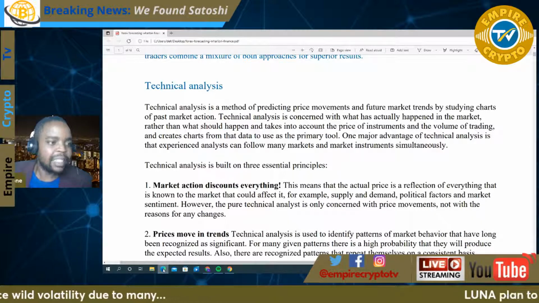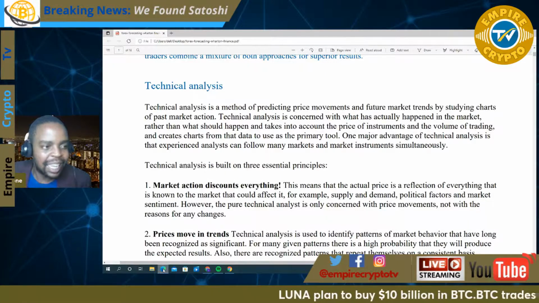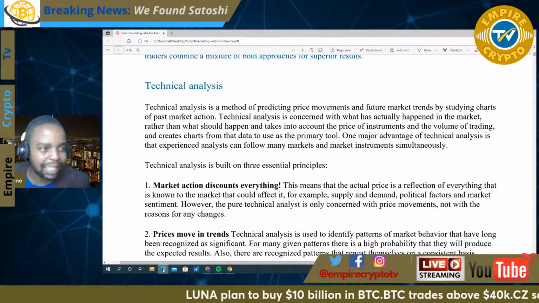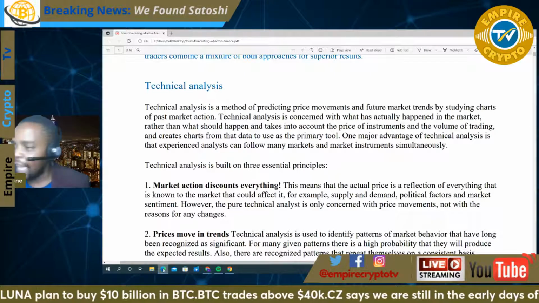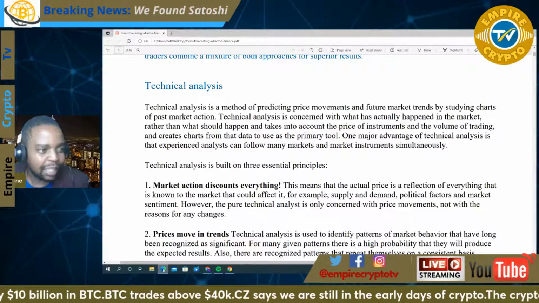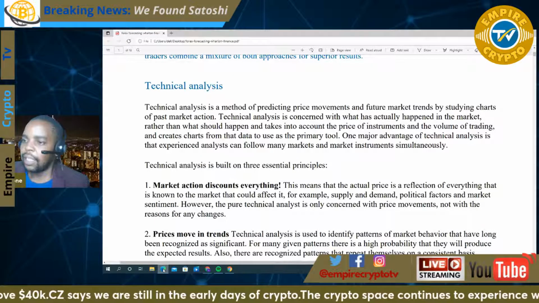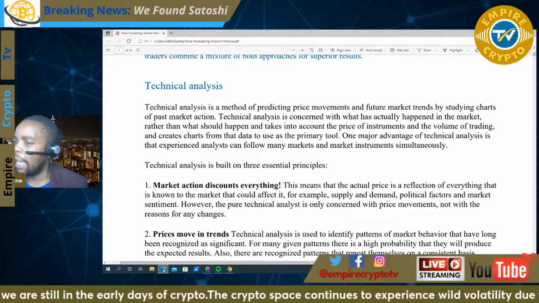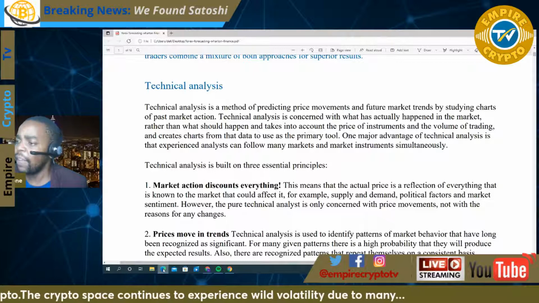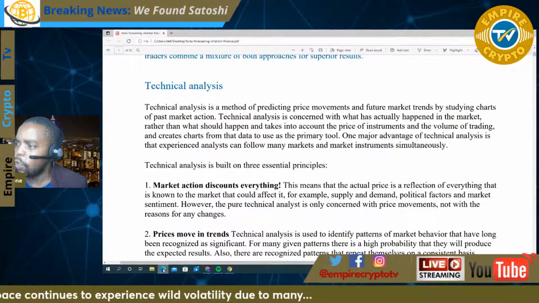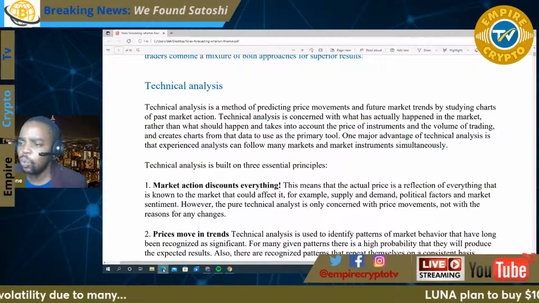They simply look into the chart and work things out technically, without having to acknowledge everything else surrounding the market, especially the news. It goes on to say, rather than what should happen, it takes into account the price of instruments and the volume of trading, and creates charts from the data to use as the primary tool.